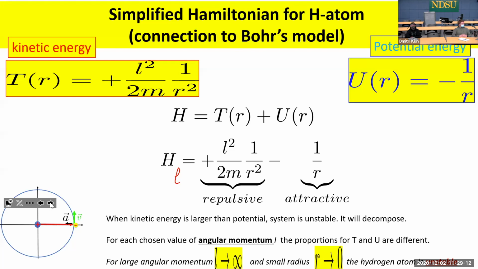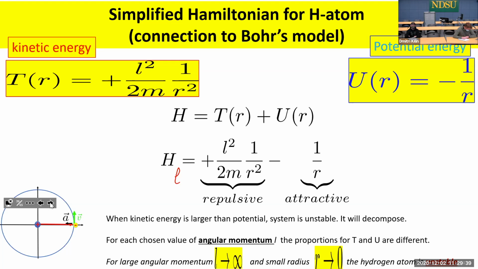Excellent. I think we have chances to fulfill the plans. There are two types of energy, kinetic and potential. Since we are in atomic units, we have a proton of charge +1, electron of charge -1.